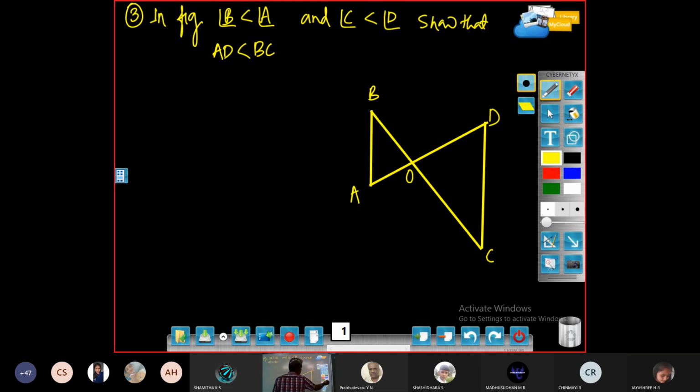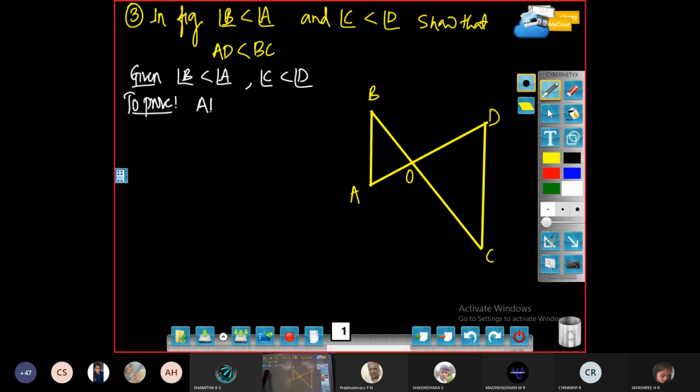So in this diagram, let us write first what is given. Angle B is less than angle A, and angle C is less than angle D. We need to prove that AD is smaller than BC.